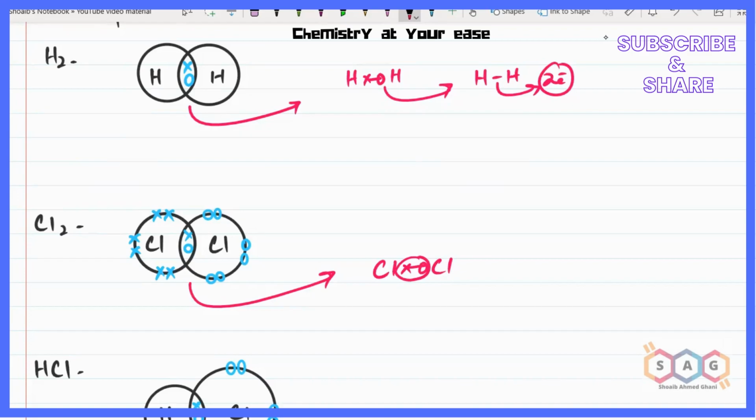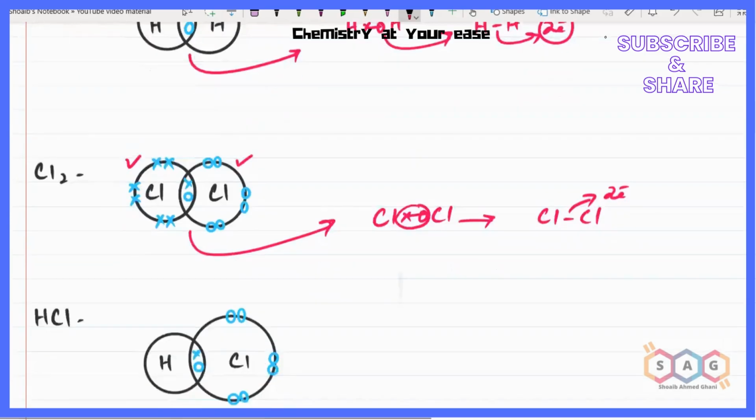The 8 electrons of this chlorine are complete, and the 8 electrons of the second chlorine atom are also complete. So by sharing, they complete their octet. This is also represented by a single line, and the single line indicates two electrons are shared in a molecule of chlorine.